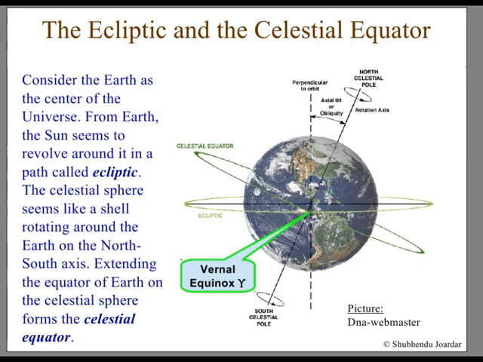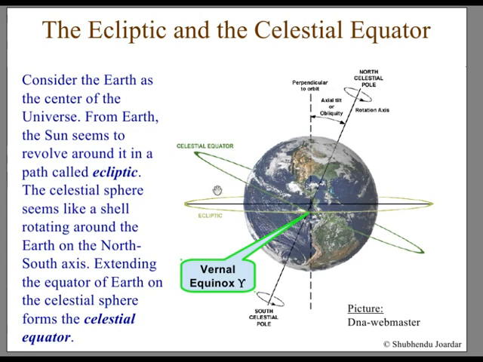So the line that it produces is called the celestial equator. The shell will be moving in the opposite direction, because we see the stars crossing our position. But we call this imaginary circle, which is located on the celestial sphere, the same as our equator extended to it using a plane.